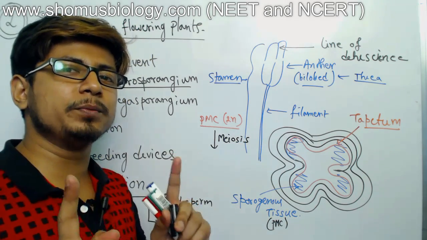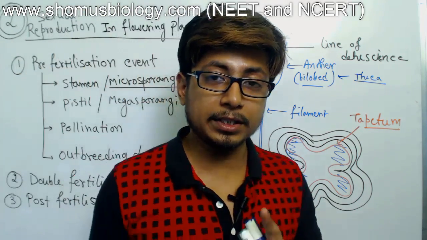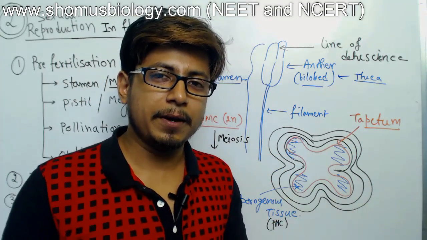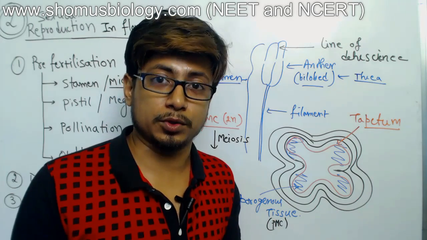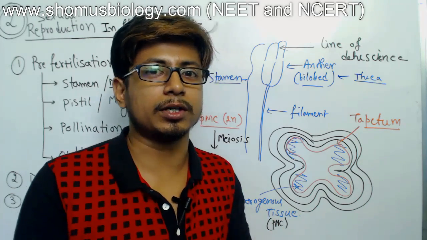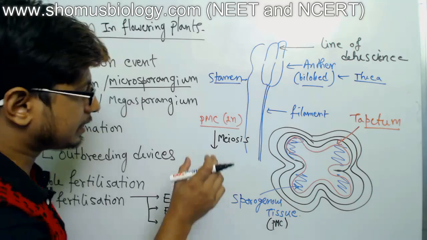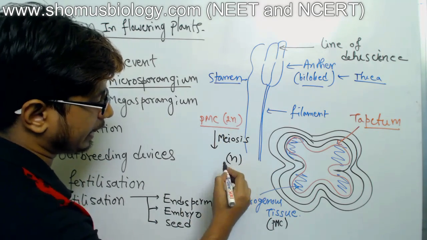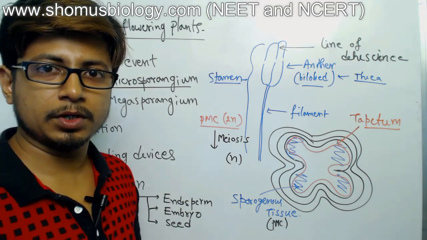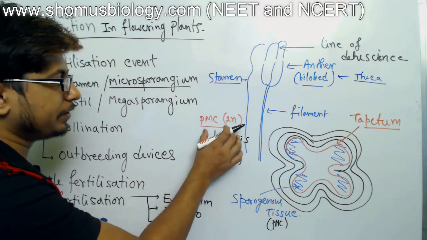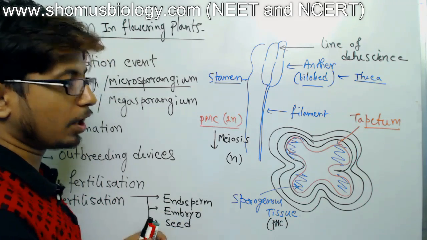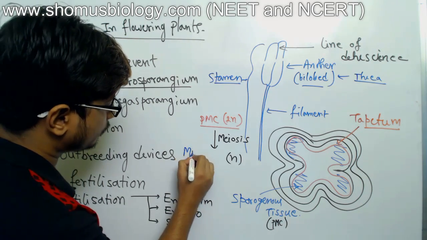And you know what happens in meiosis cell division? We just saw that in the last class, that meiosis cell division reduces the number of chromosomes by half in the daughter cells. So if the mother cell has 2n number of chromosomes, the daughter cell will have only n number of chromosomes. So this meiosis cell division of pollen mother cells gives rise to the formation of microspores.